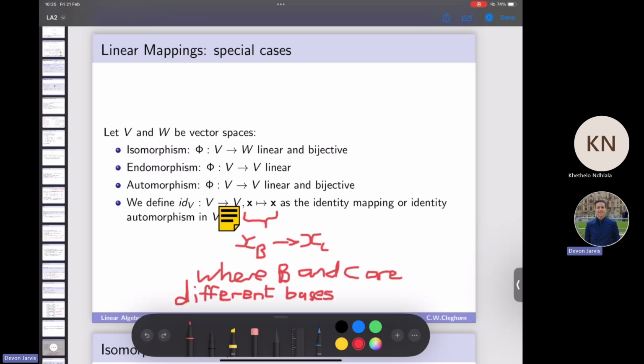It can also be linear and bijective. The point is that the identity mapping doesn't change your representation of space, whereas an automorphism might, for example if I rotate my basis. Good question.